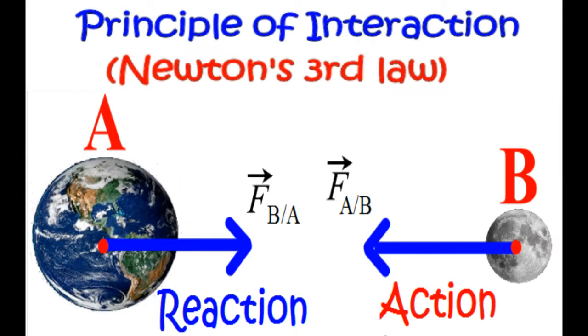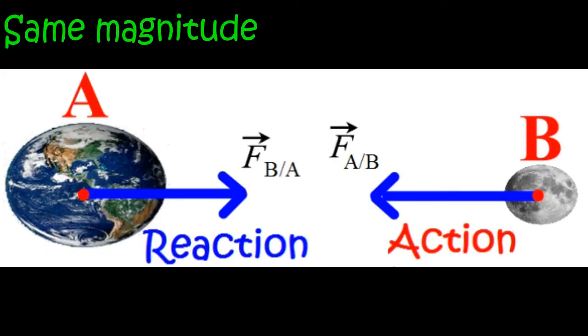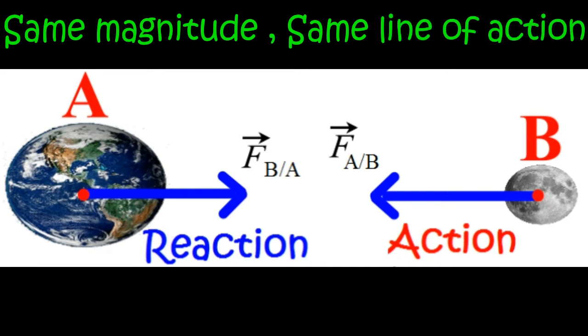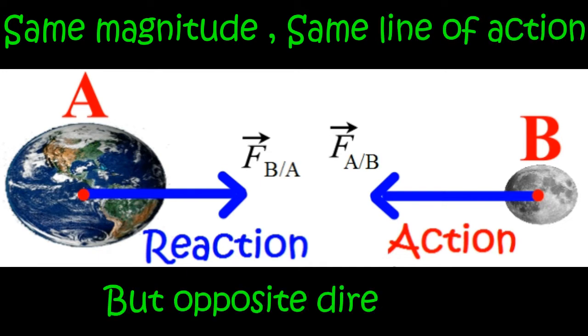Here, the Earth is applying the force on the Moon. This is the action. At the same instant, the Moon will apply a reaction on the Earth, which is force B on A. This action and reaction have the same magnitude and the same line of action, but opposite directions.